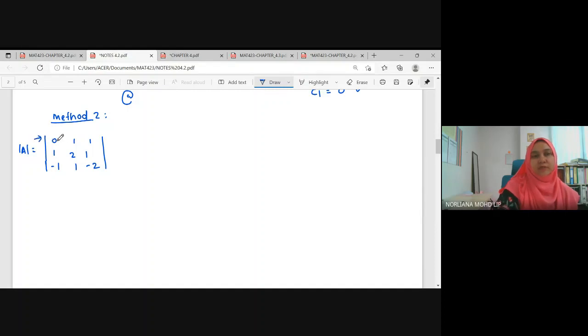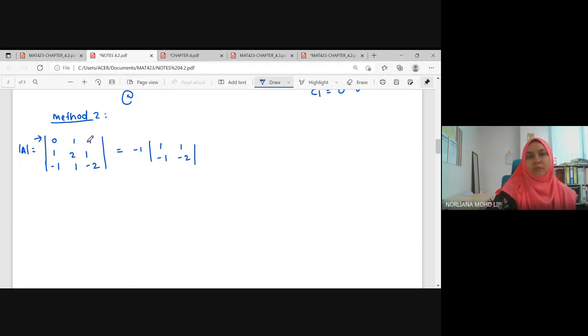So ada 0. So nak first row ataupun first column lah. So positif, negatif. Negatif 1. Tutup first row dengan second column. 1, negative 1, 1, negative 2. Okay.